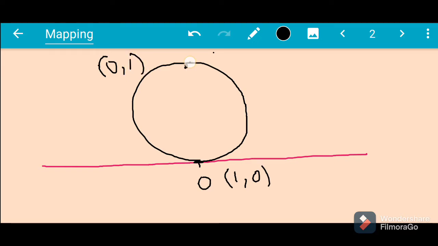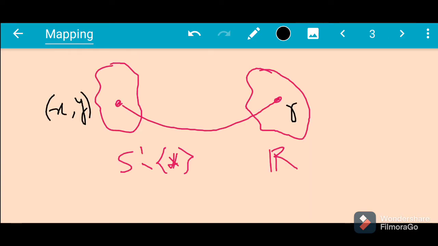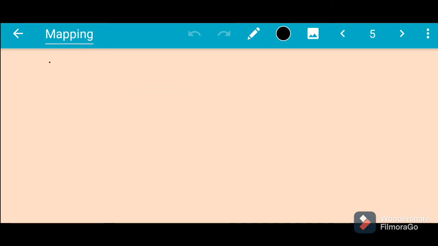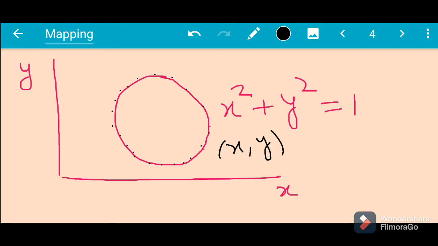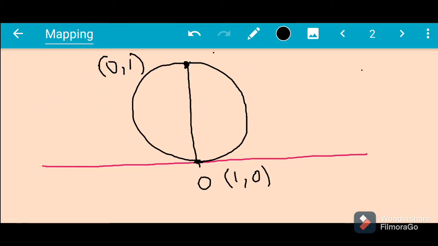So this is the important portion. Let me draw a line from this to this. I need to map everything. So this 1 comma 0 maps to 0. So first mapping I have got: f of 1 comma 0 maps to 0.